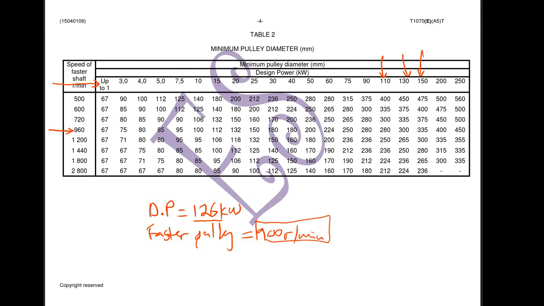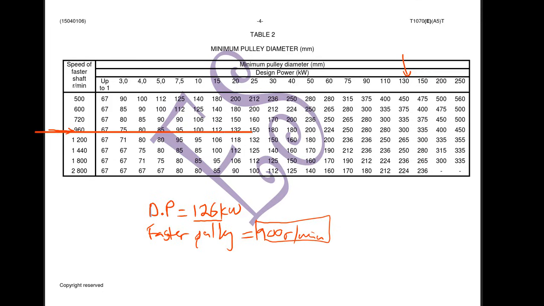If you subtract 126 minus 110, it is 16. And if I subtract 130 minus 126, you can see that it is 4. Then 150 is far, so 126 is actually closer to 130.